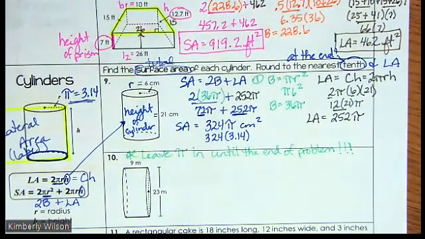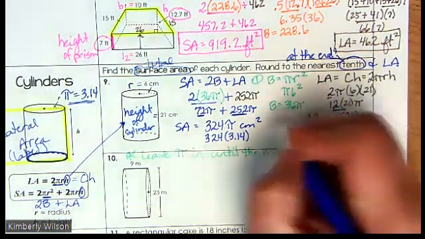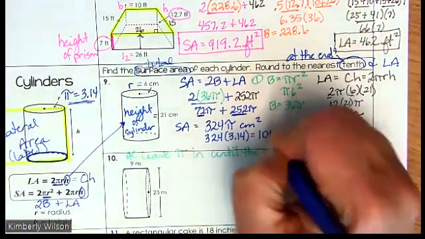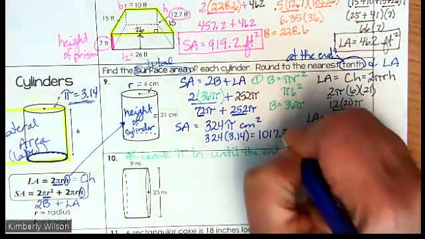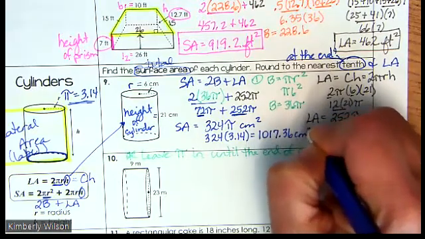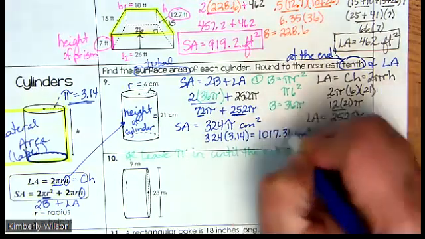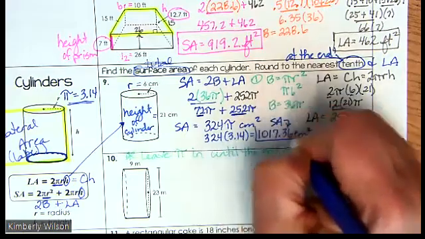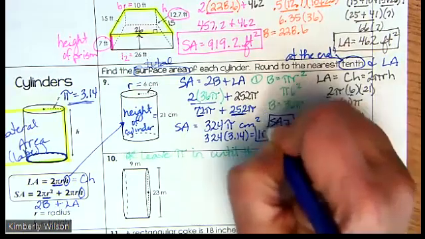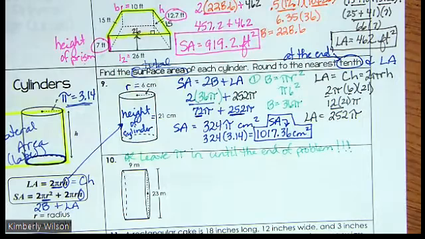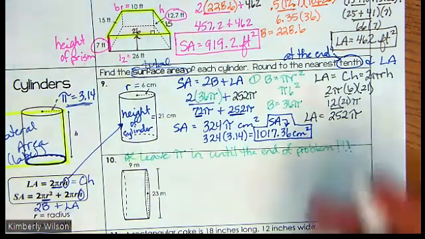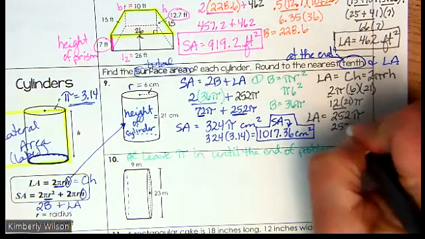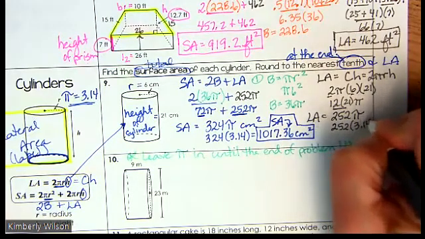So we have 324 times 3.14, which gives me 1017.36 centimeters squared. This is the total surface area. Now let's calculate what's the lateral surface area. So that means I'm doing 252 times 3.14.